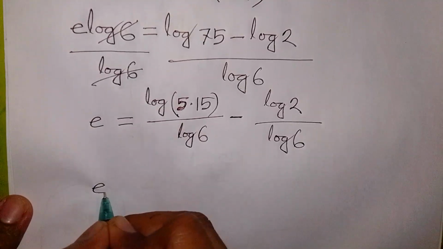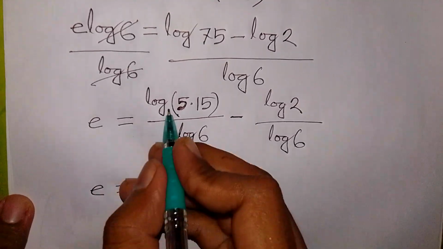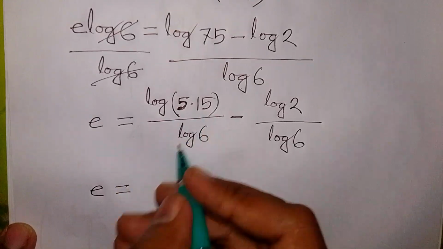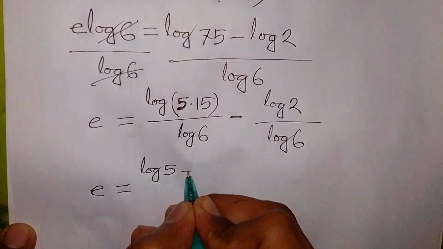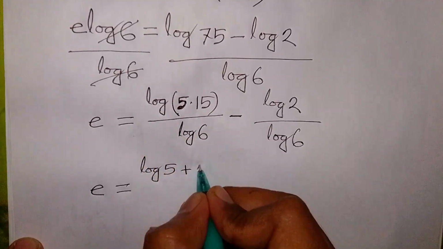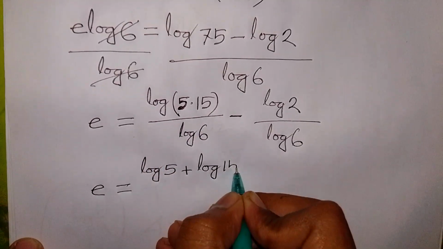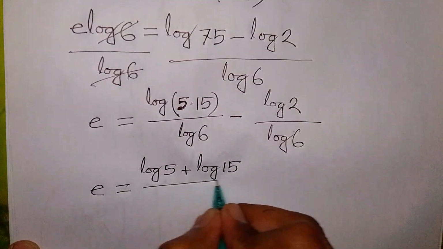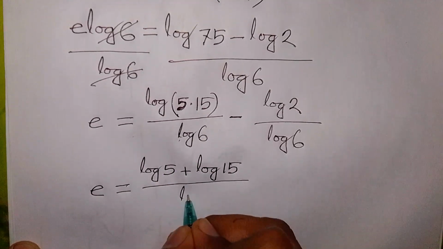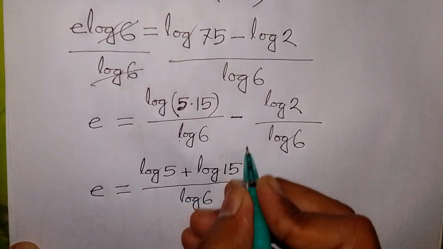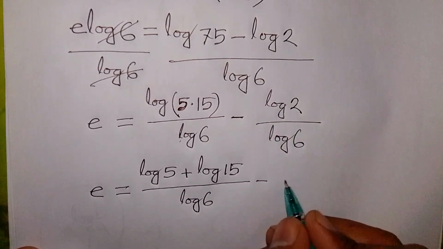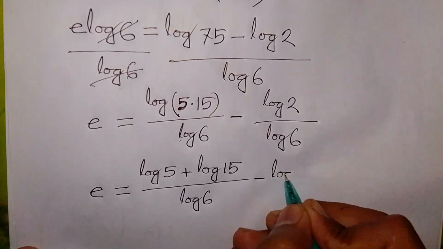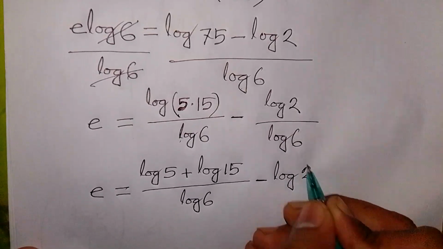a will be equal to log of 5 times 15, which is the same as log 5 plus log 15, over log 6. Here minus log 2 over log 6 is the same as log 2 base 6.